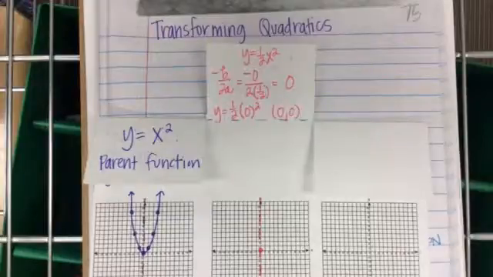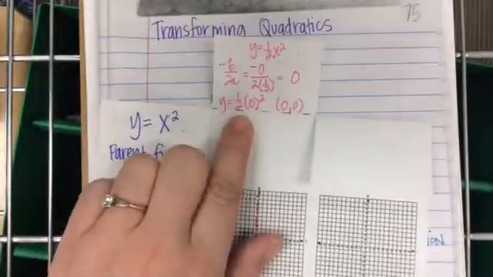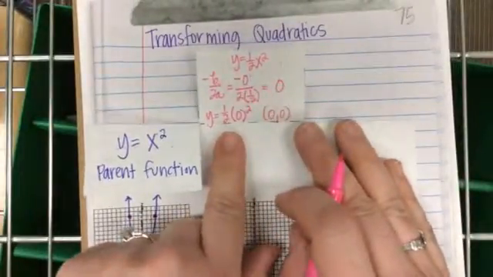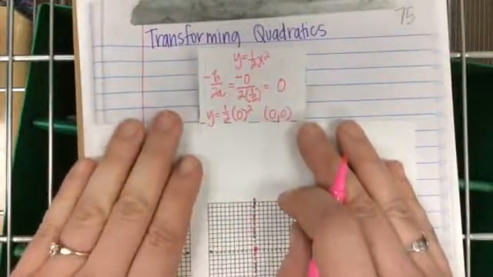The reason you do that is because if you substitute a value that is a multiple of your denominator, you get whole numbers. You do not get a decimal. And graphing decimals is terrible, correct? Yes. So as long as you substitute a value that is a multiple of your denominator, you eliminate the decimal answers.